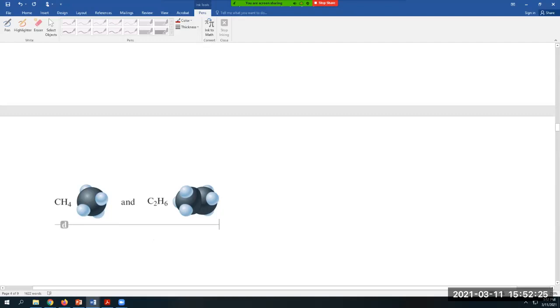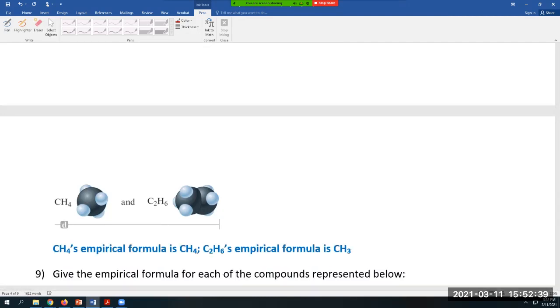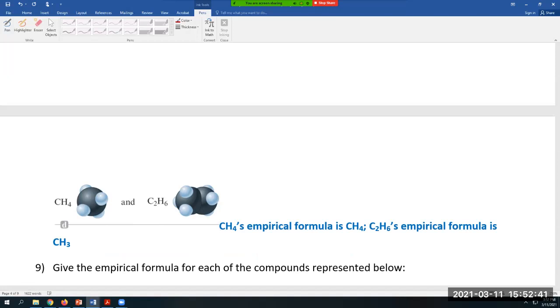So we can divide by 2. So C2, 2 divided by 2 is going to be 1. And 6 divided by 2 is 3. So the empirical formula of C2H6 is going to be CH3. And that's different from CH4.